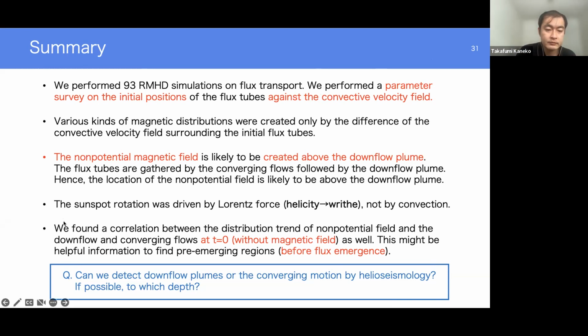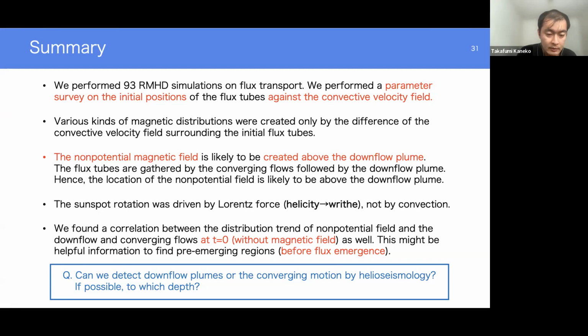And we found a correlation between the distribution trend of the non-potential field and the converging flow, downflow and converging flow at T equals 0. So this might be helpful information to find pre-emerging regions even before flux emergence. So this is the summary of our work.